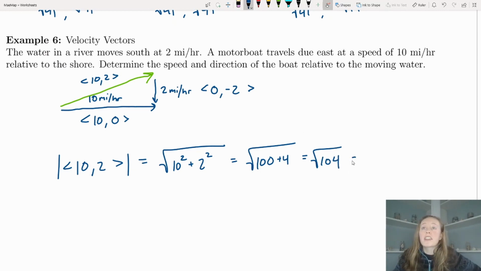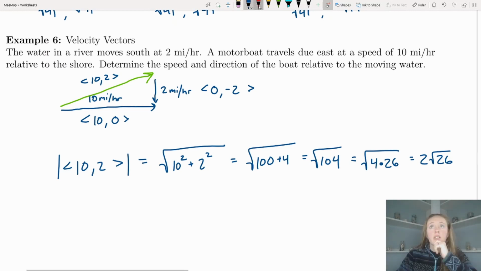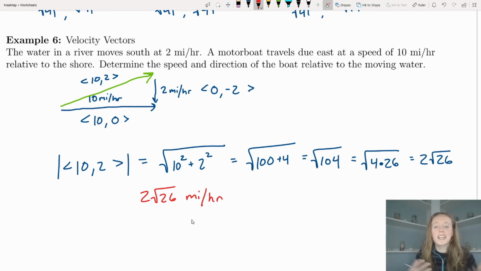We can simplify this because 4 is a factor of 104: the square root of 104 is the square root of 4 times 26, which is 2 root 26, because we cannot simplify the square root of 26 anymore. So our speed is 2 square root 26 miles per hour, which is about 10.2 miles per hour as a decimal, which makes sense for our problem.